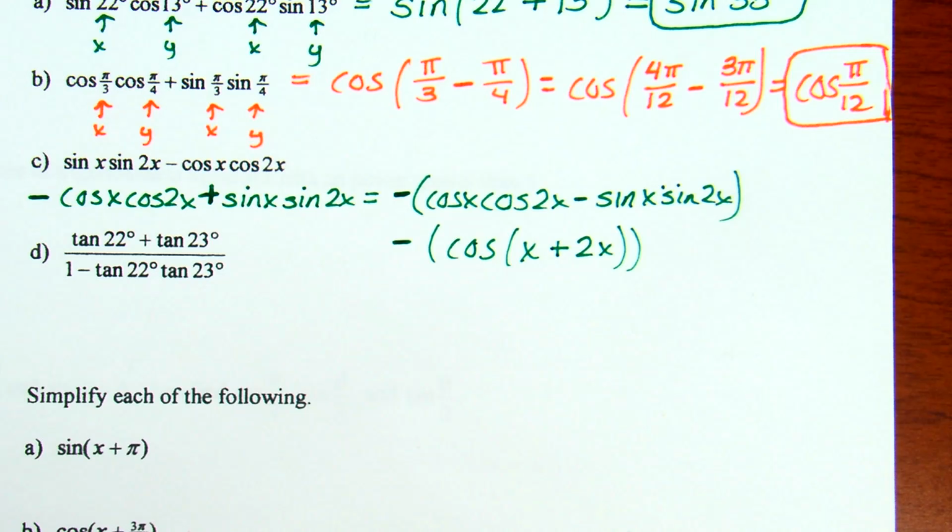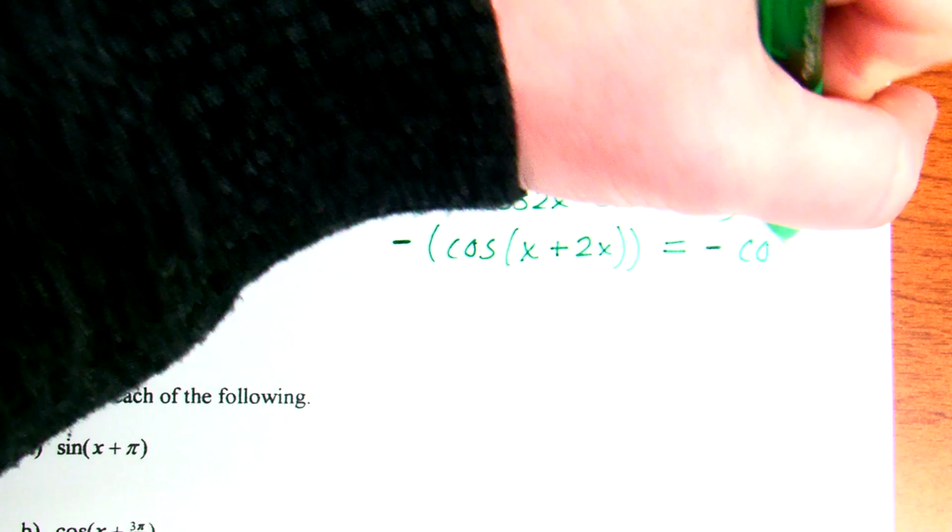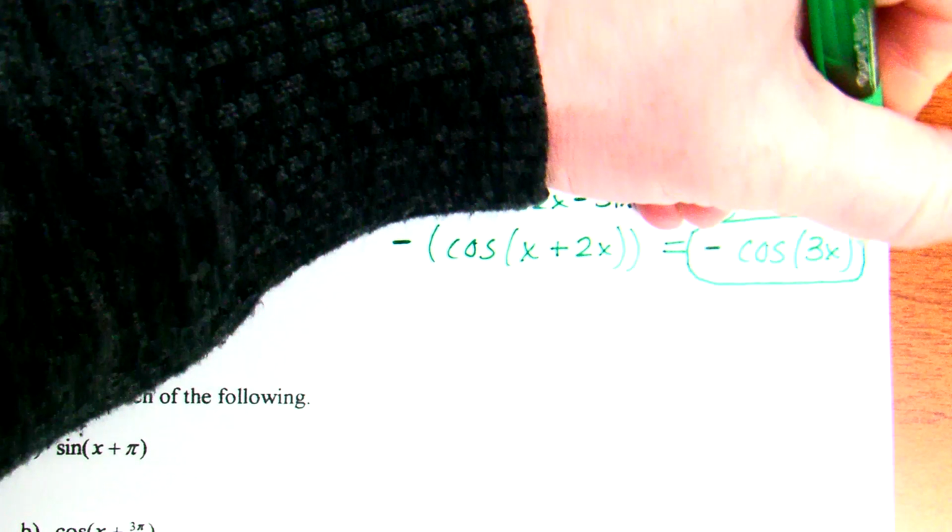Now notice, what did I just carry down out front? The negative. So, okay, basic middle school math, what is x plus 2x? 1x plus 2x is 3x. And so my final answer, the negative of cosine of 3x, is what we're going to put there.